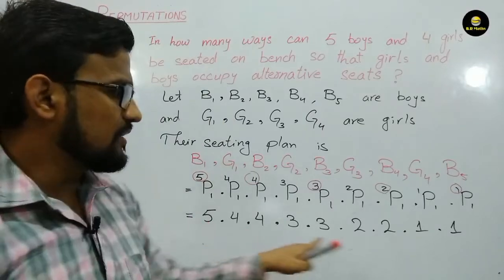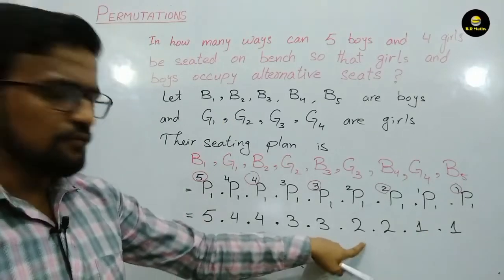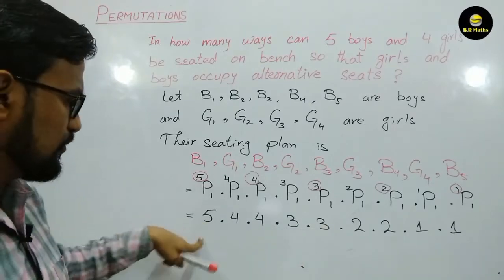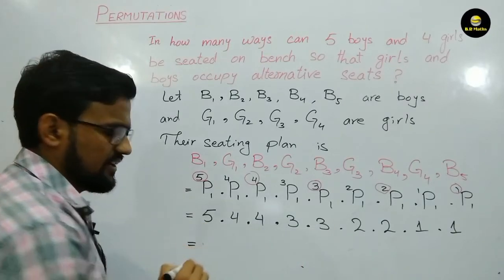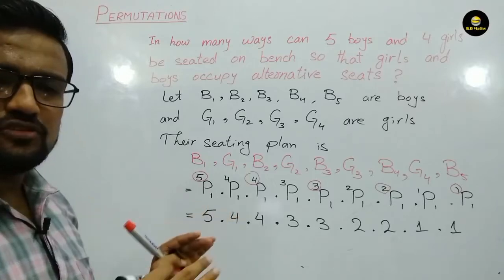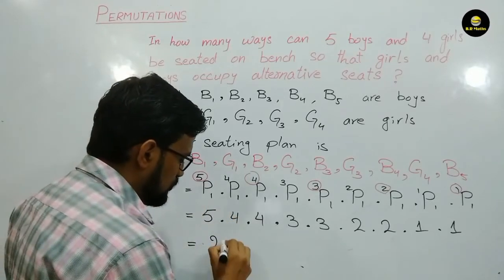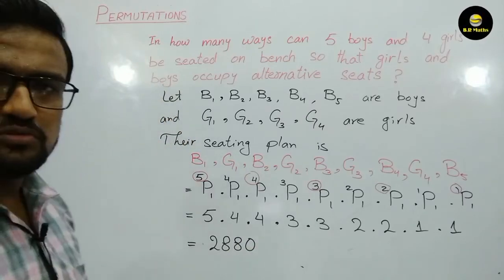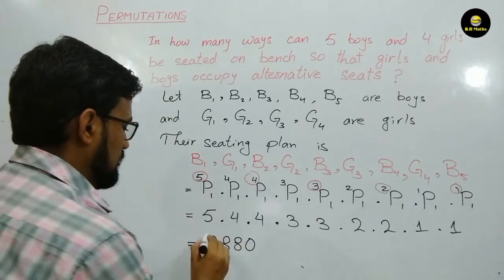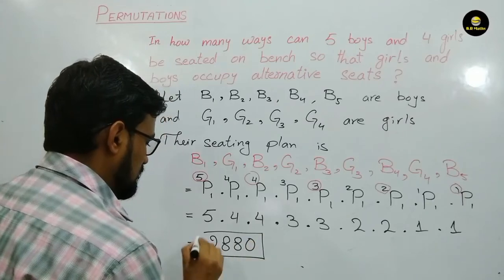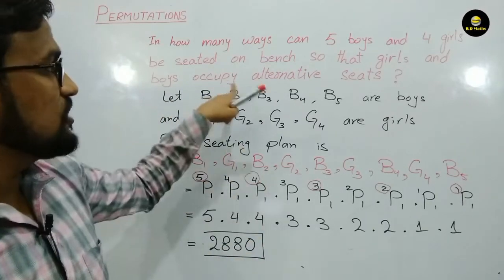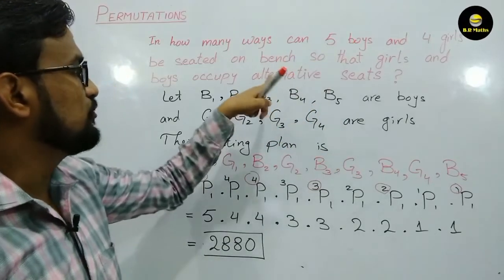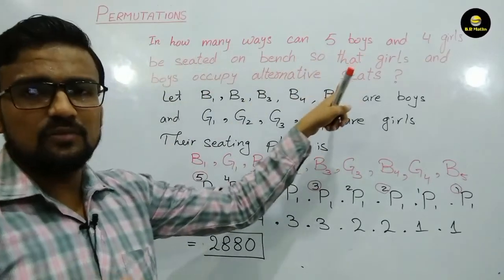So students, multiply these terms. 2 times 2 is 4, 4 times 3 is 12, times 3 is 36, 36 multiplied by 4, 4 and 5, and then the final result is 2880. So students, this is the possible arrangement of this one. Okay, so the 5 boys and 4 girls are seated one by one.